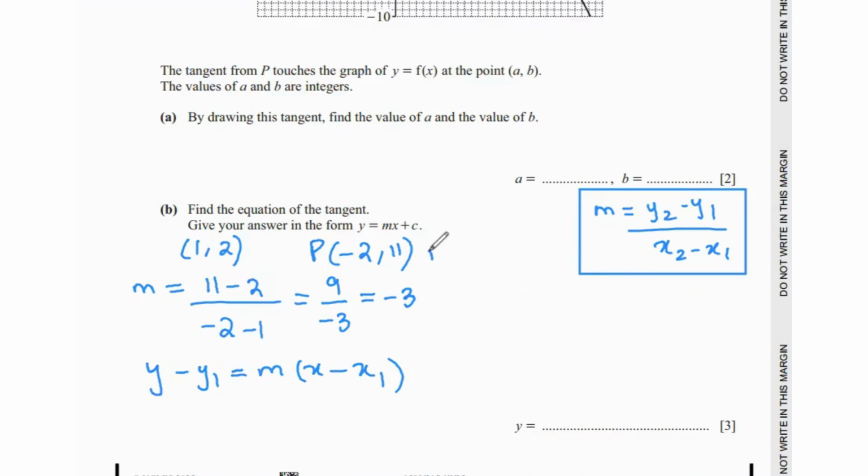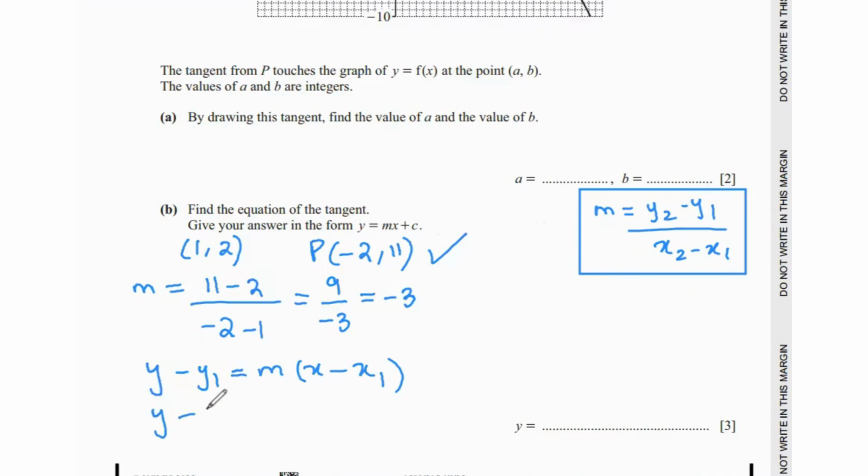It's ideal to go with P because in case you got your part A wrong and your AB point were incorrect, at least choosing point P will make sure that your answer is right. However, your gradient is also connected to this, so if your value is wrong, then your gradient would also be incorrect. But I think it's safer to go with information that's already given in the question rather than what you've already found, unless the question asks you to do so.